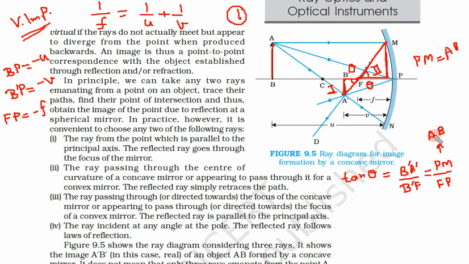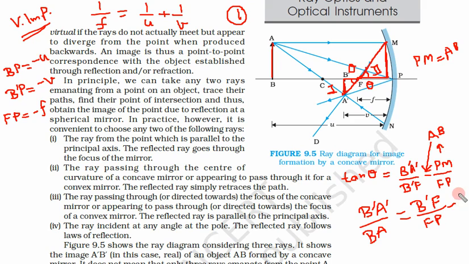Now let us do some algebra. Let us take this downwards. So what we get is B dash A dash upon AB. From this side, PM has become AB and this goes to the other side. So we get B dash F upon FP.